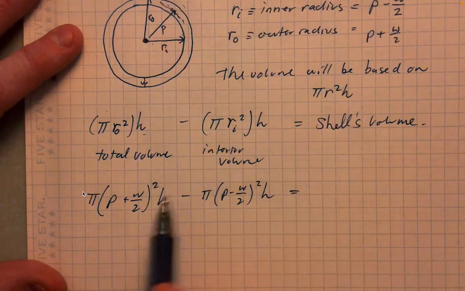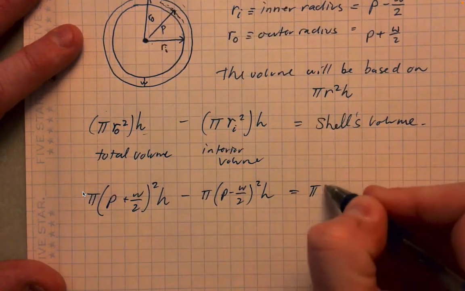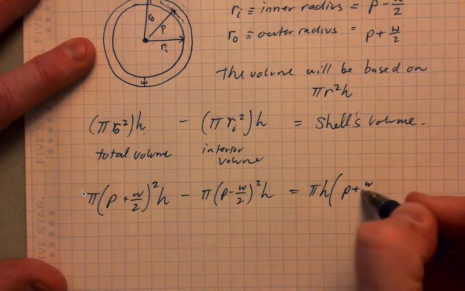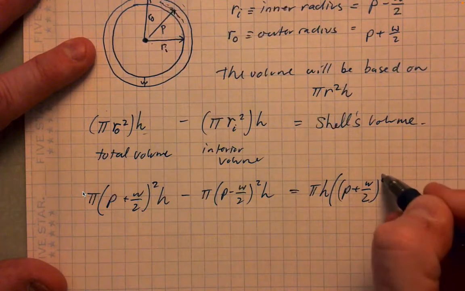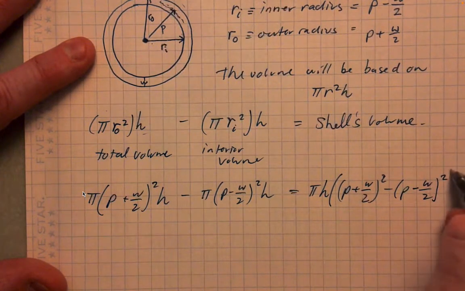Let's pull the pi and the h out of here. So you get pi times h, and then inside you've got P plus W over 2 squared minus P minus W over 2 squared.